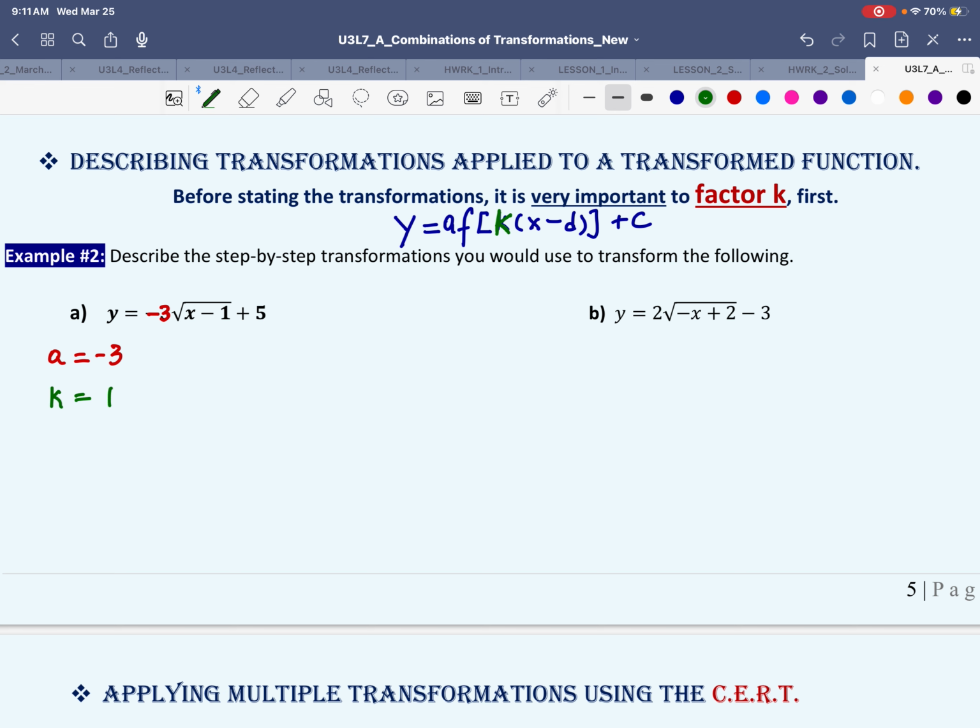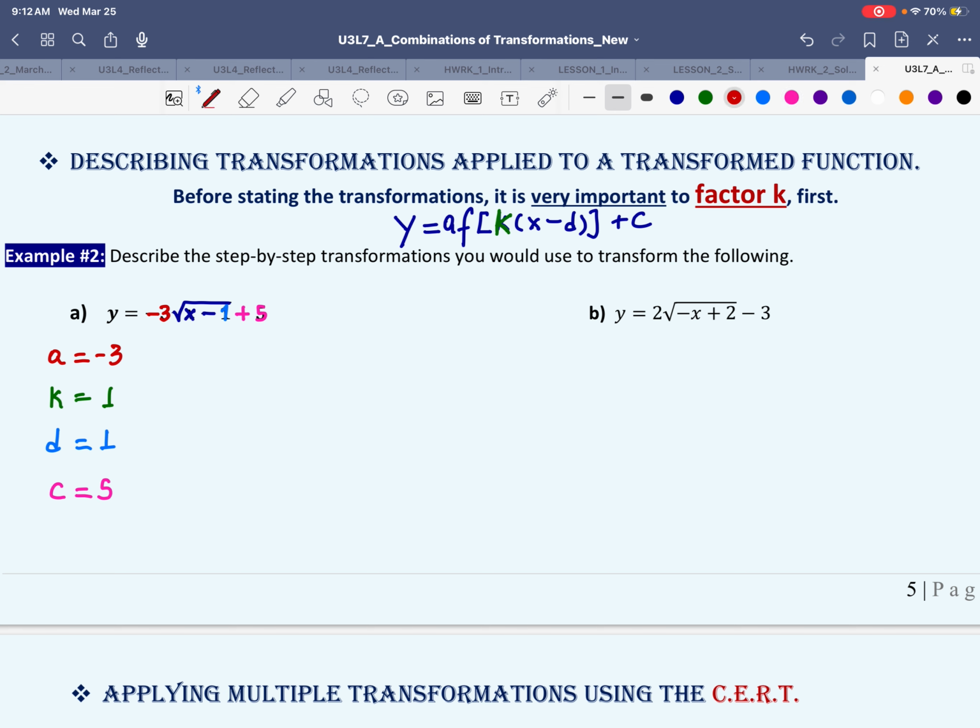So I'm going to write k equals 1 in here for now. And you see that in this square root x function, I am subtracting a positive 1. So that will make the value of d equal to positive 1. And lastly, we have the number 5 added to the equation. So that will be the value of c equals 5.